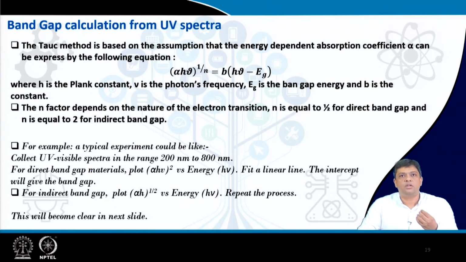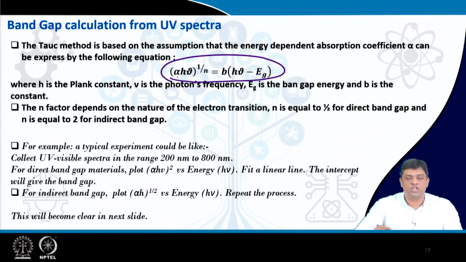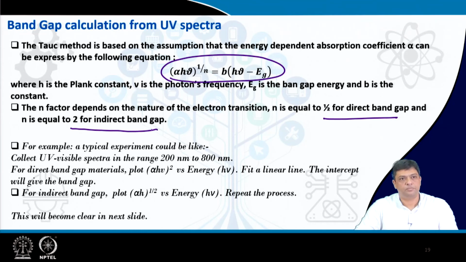The Tauc relation is based on the assumption that the energy dependent absorption coefficient alpha can be expressed as alpha h nu raised to the power of 1 by n is equal to B into h nu minus E g, where E g is the band gap, h is the Planck's constant, nu is the photon frequency, and you have the absorption coefficient as alpha. The factor n is half for direct band gap and equals 2 for indirect band gap.